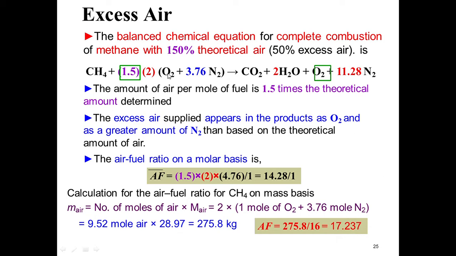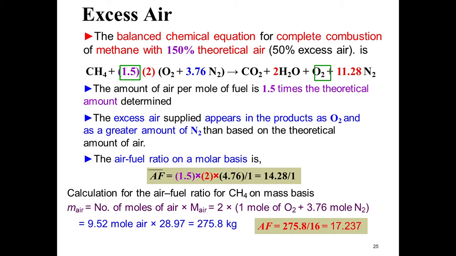See, this type of problem may come in the examination: if 50% excess air is supplied to burn the methane, then find out the air fuel ratio based on mass.